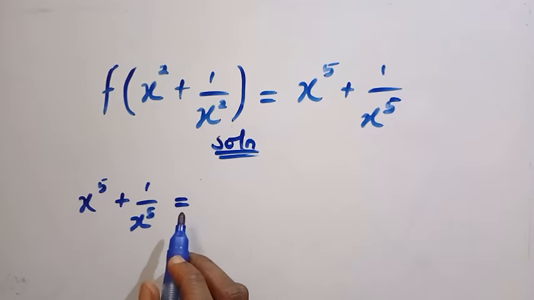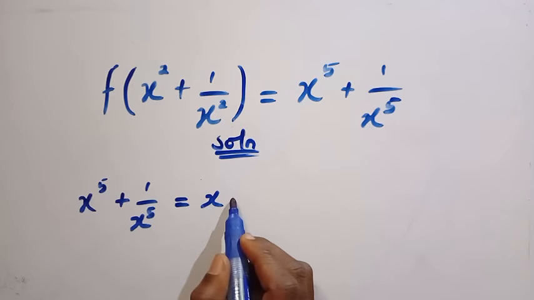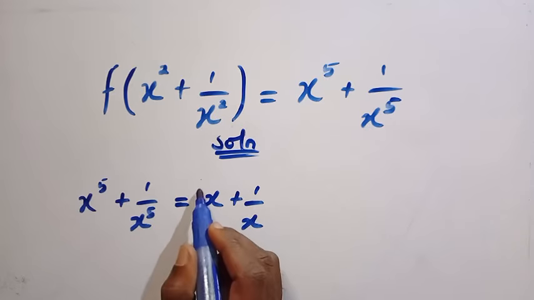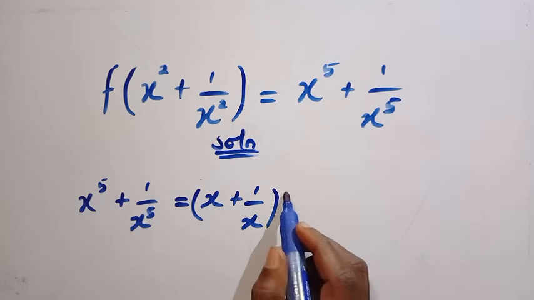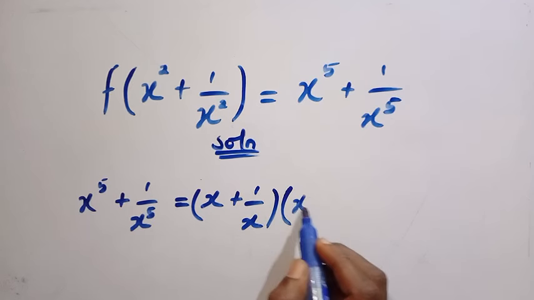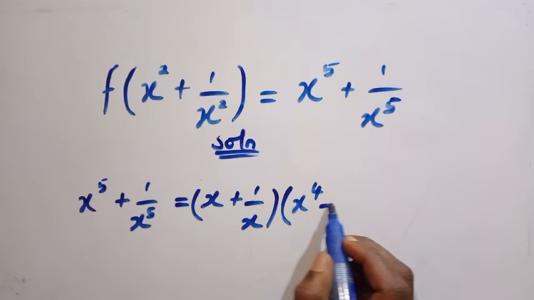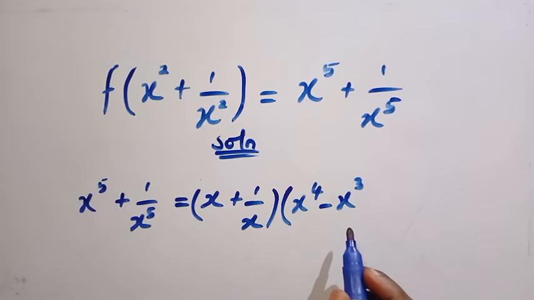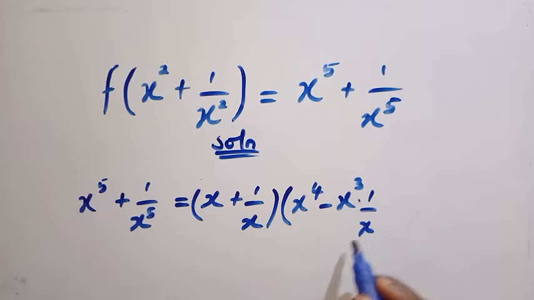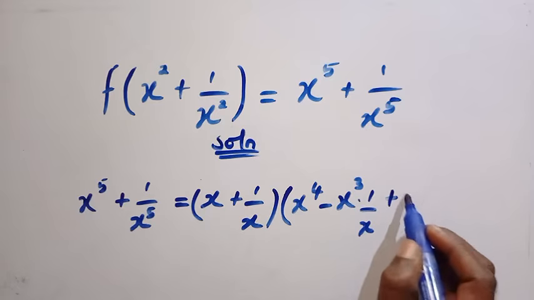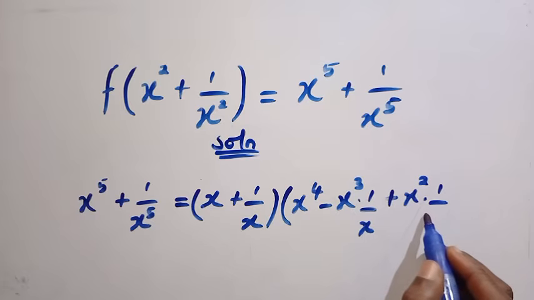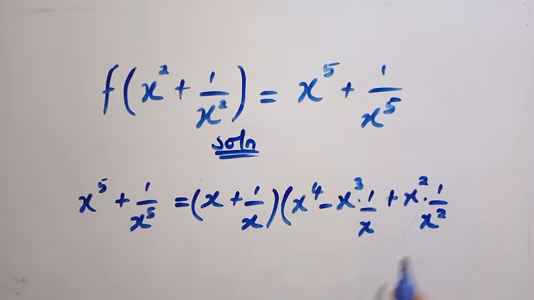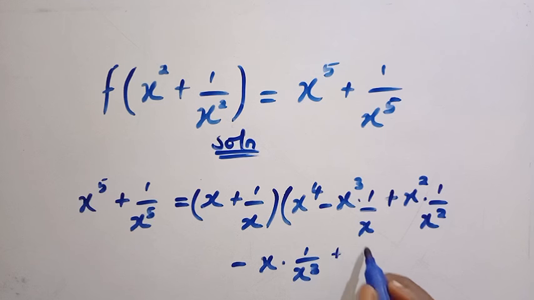This is the same as (x + 1/x) multiplied by (x^4 - x^3 · 1/x + x^2 · 1/x^2 - x · 1/x^3 + 1/x^4), using binomial expansion.